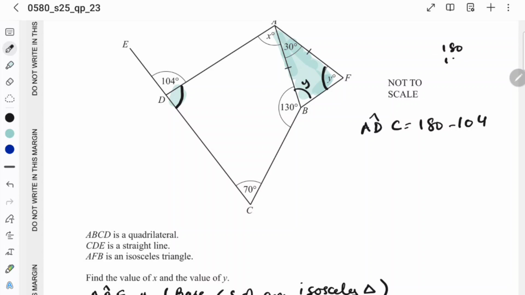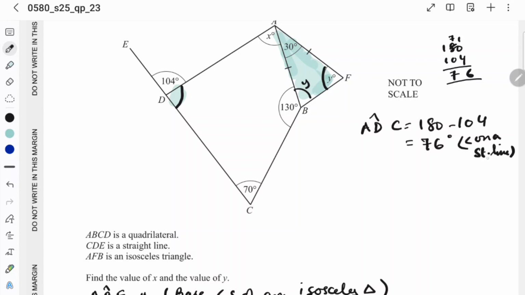When you do 180 minus 104, you borrow one so that becomes 10 minus 4, the difference is 6, then 7, and 1 minus 1 is 0. So that's 76, because they are on a straight line. This is the angle on a straight line.